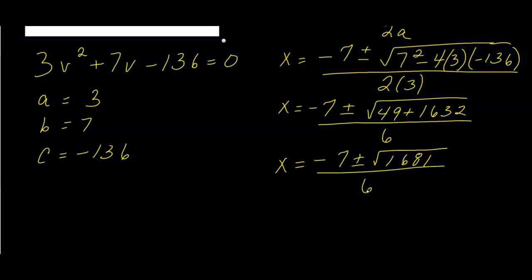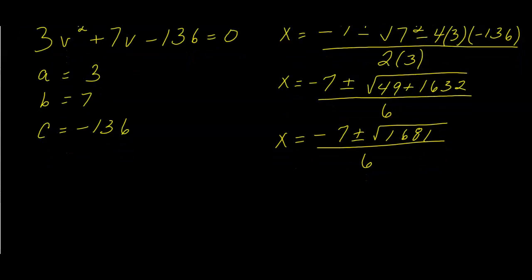Now with a big number like that, cross your fingers, hope it's a perfect square. So punch it in your calculator. Take the square root of 1681, and it turns out that it is a perfect square. The square root of 1681 is 41. So we have x equals negative 7 plus or minus 41, all over 6.